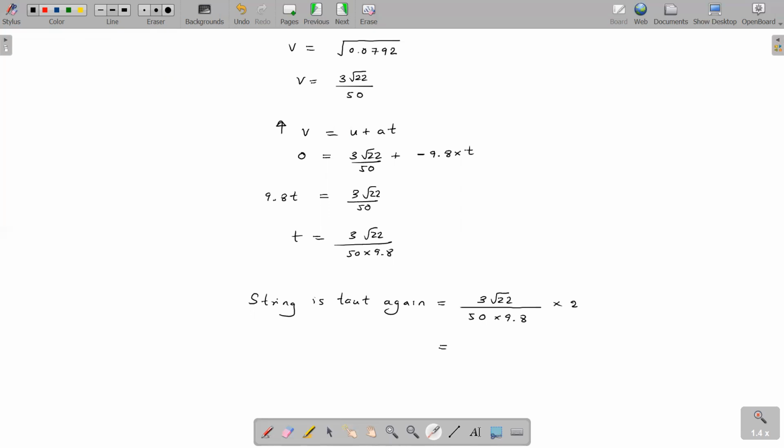Yeah, let's type this in the calculator, get the answer. So it's 0.0574 2857. It goes to 3SF, 0.0574 seconds corrected to 3SF. So this is the answer. Okay, is this clear?